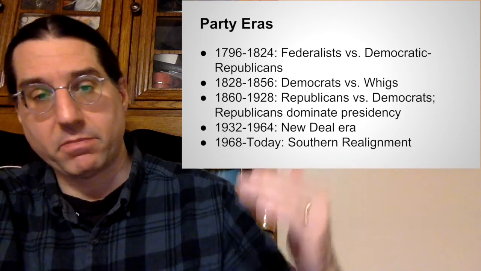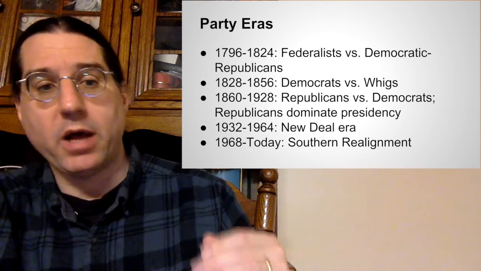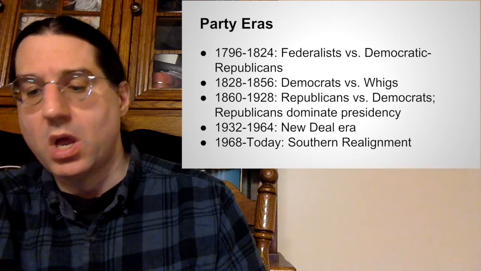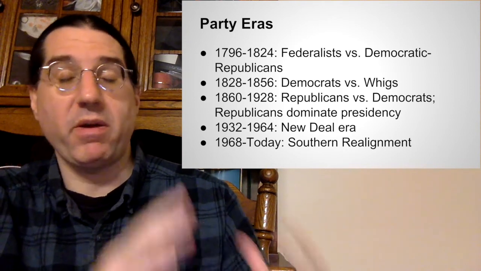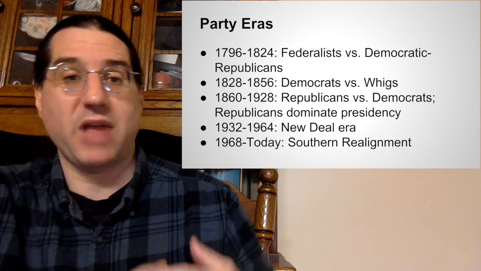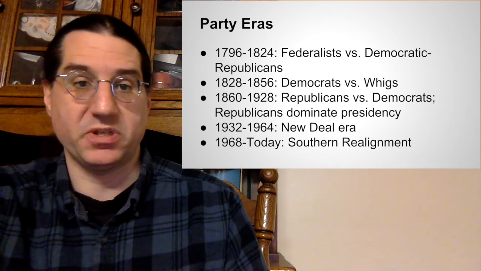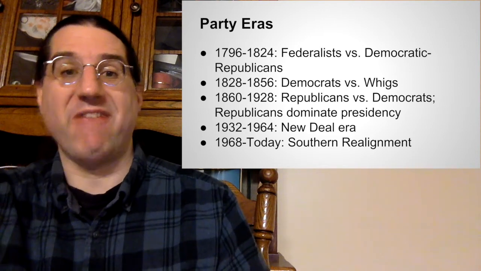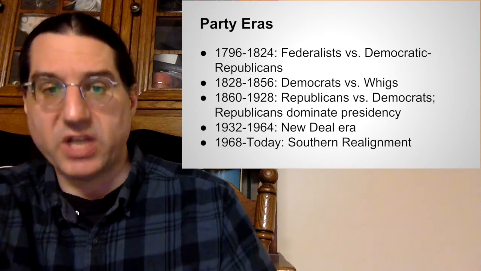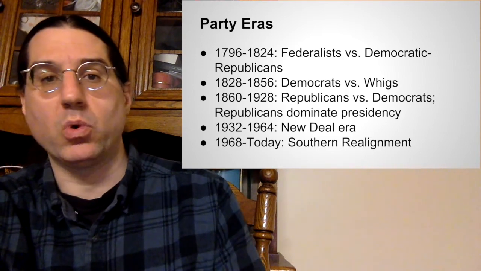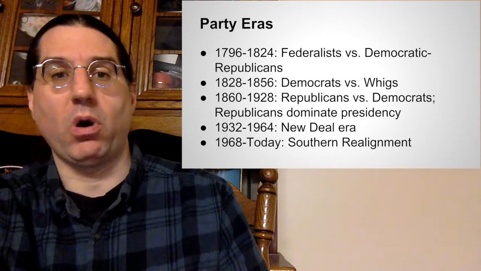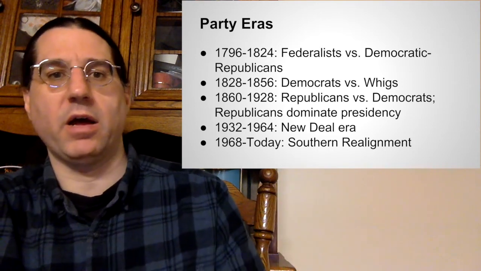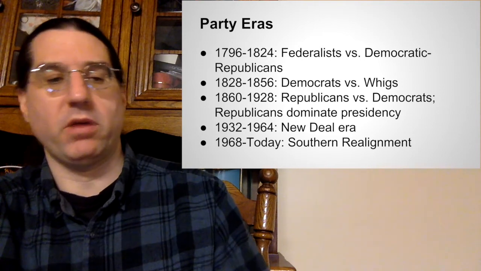So, as we said, political historians have a number of party eras, and very briefly, the first of these was at the very beginning of our constitutional system, when the people who wanted a very, very strong central government that would look out for the future business prospects of the United States of America were the Federalists.